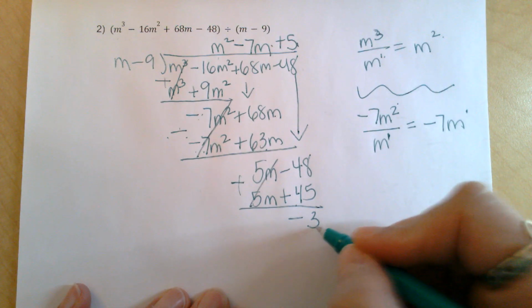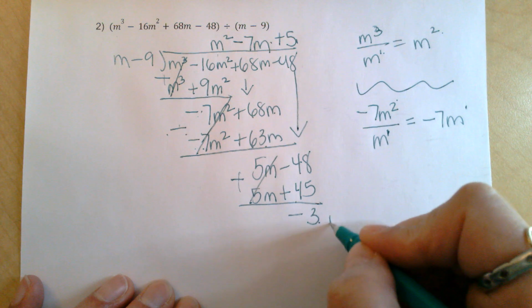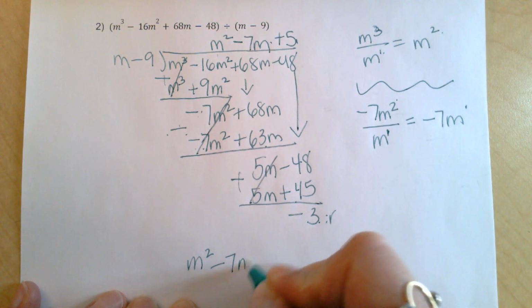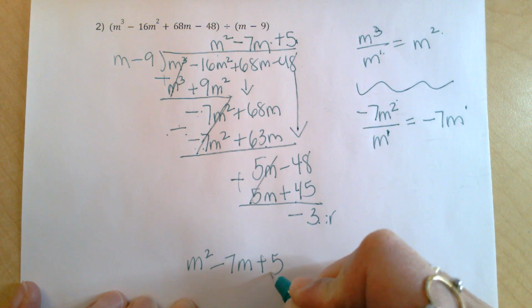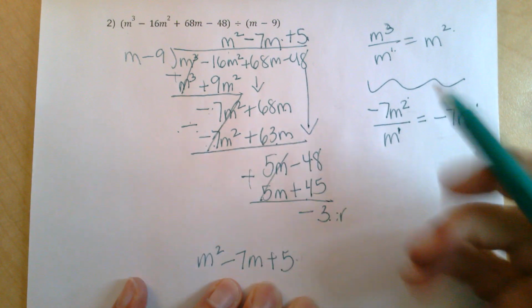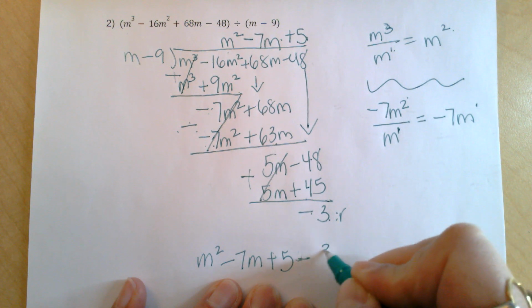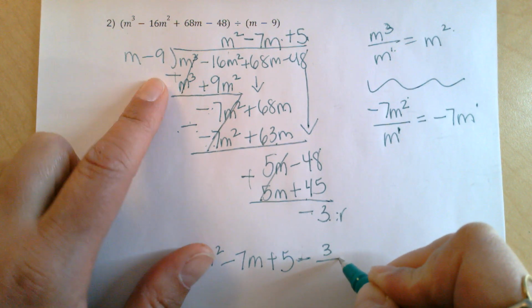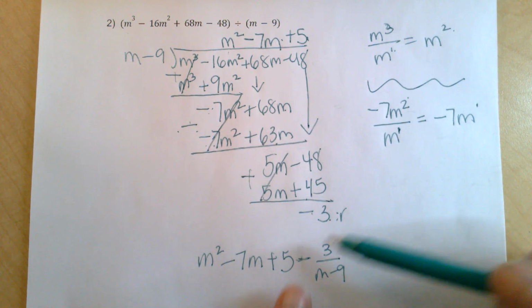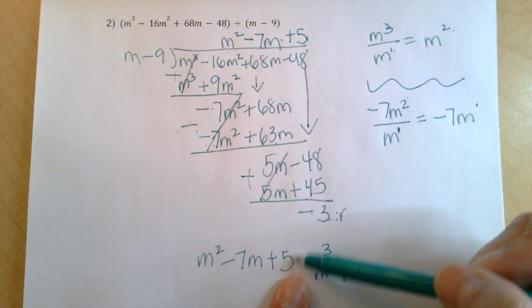So we do have a remainder, and this is how we write the remainder. We're going to do m squared minus 7m plus 5 plus, actually, I'm so sorry, it's minus 3 divided by m minus 9. So just like we did on the other one, we're going to attach it onto this answer.